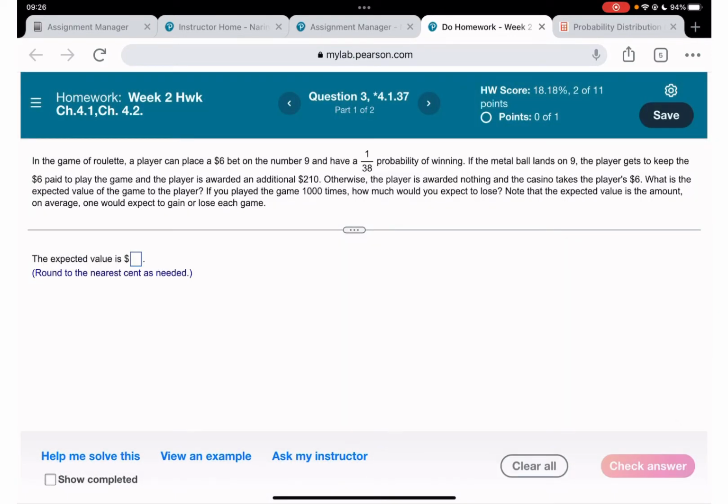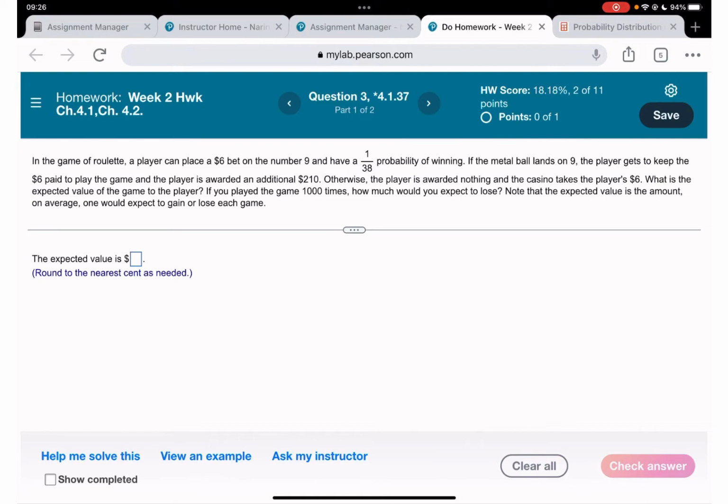Okay, next one, question number 3. So we're going to solve here expected value. All right, I'm going to take a picture of these words so I can work this out, all this data given here.